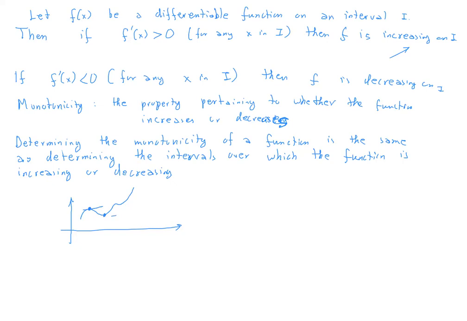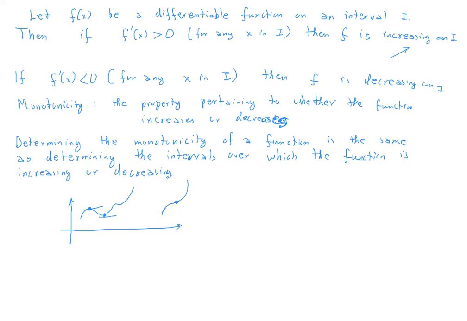But there's always the possibility that the function actually does not change monotonicity at a critical point. This is what the function x cubed does. So you have a critical point and the function does not have a local extremum at that point. And the way you would know that is because on the left of that point, it's increasing. And then on the right of that point, it's also increasing.